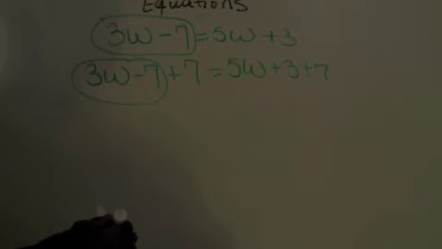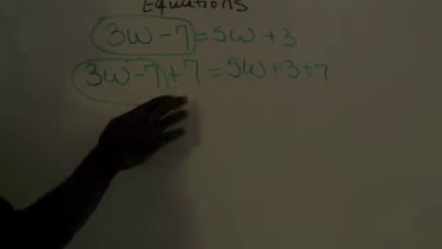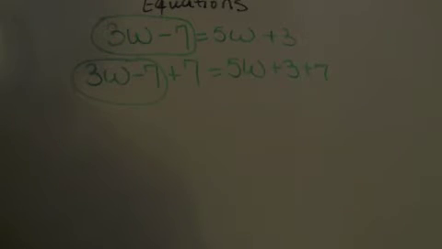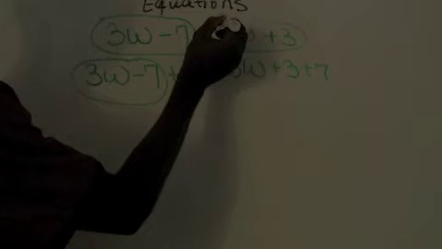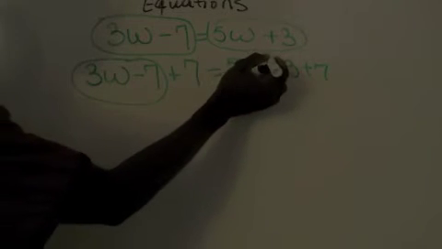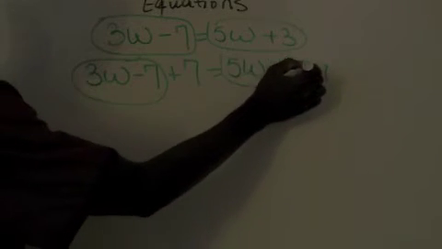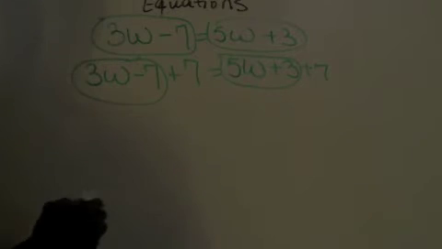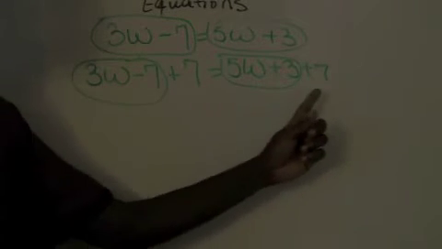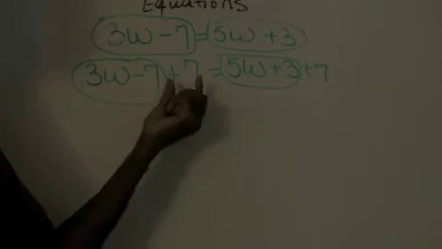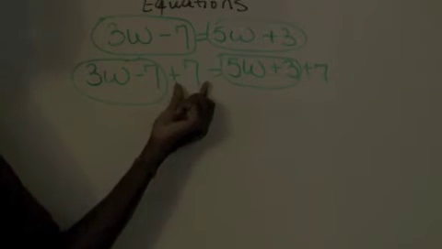So remember, whatever we do to one side, we must do it on the other side. Therefore, we also brought down the 5w plus 3 just right here. And to keep the equation balanced, whatever we do to one side, we do it to the other. Therefore, the additive inverse of -7 is here.